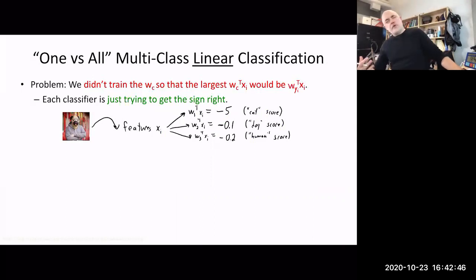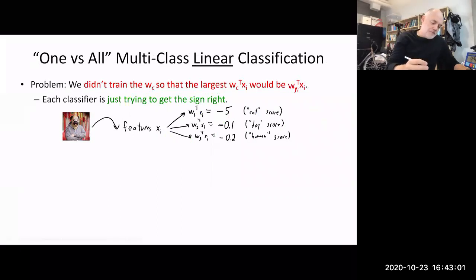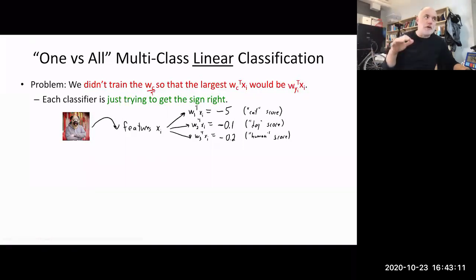So although you can, and lots of people do multi-class classification the way we just described, there is a little bit of a problem, and it takes a little bit of head scratching to recognize it. So hopefully I can get it across to you. The problem is that we didn't train our parameters WC so that the largest amongst the alternatives is WYI transpose XI, so that YI, the true class label, maximizes over all of the alternatives, right?